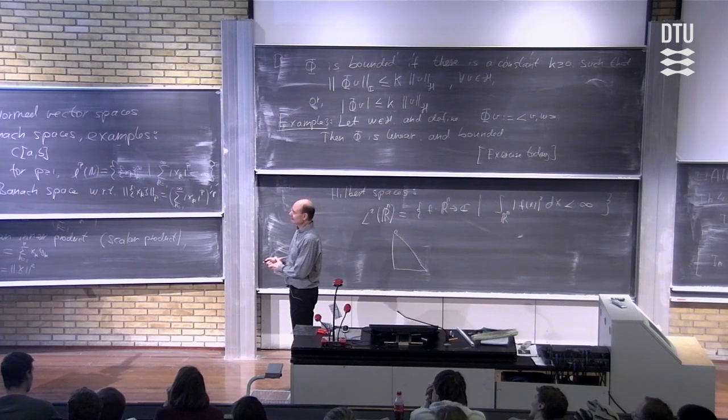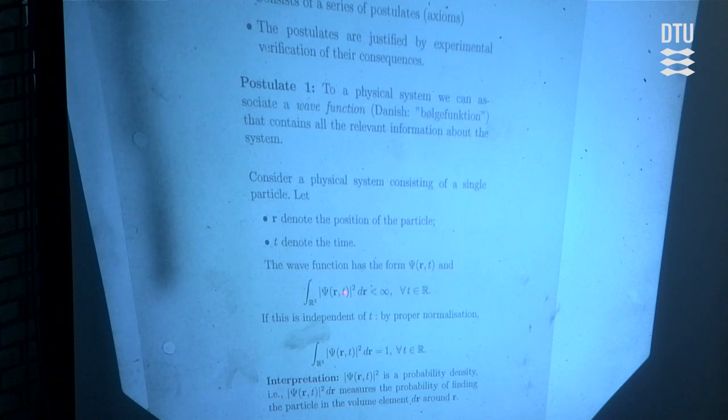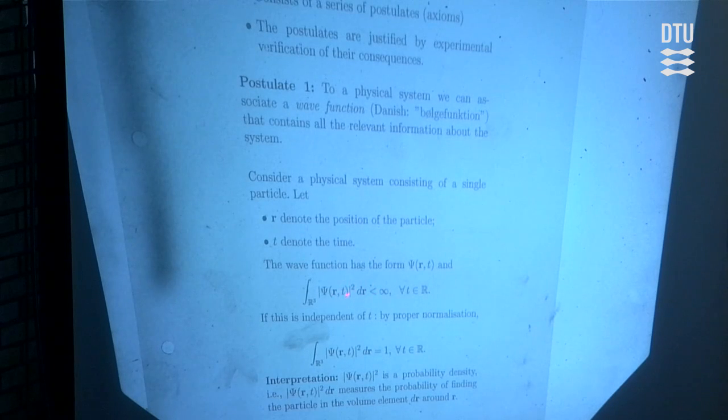Now, usually this integral is independent of t. And this means that you can just divide this function by a certain number, and then you get that this is exactly equal to 1. And those of you who have probability theory will know that if you have an integral of something, and this integral turns out to be 1, then you can interpret this as a probability density.